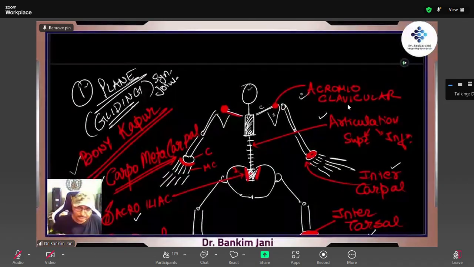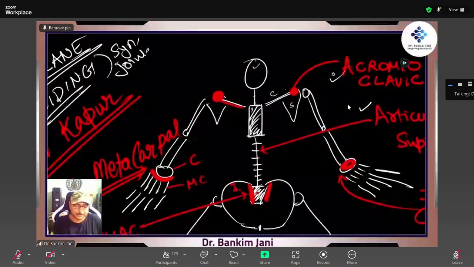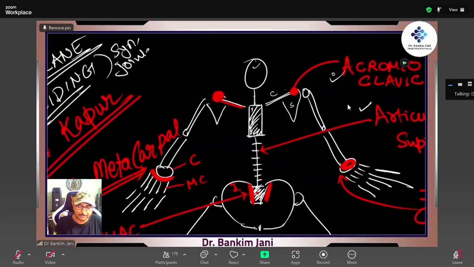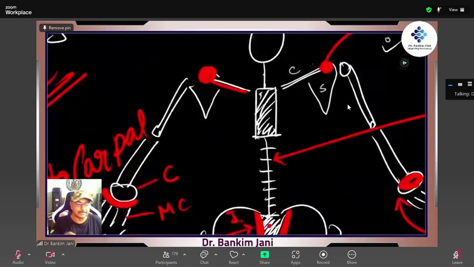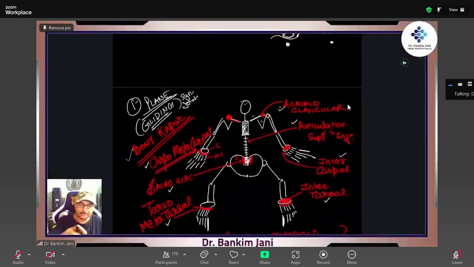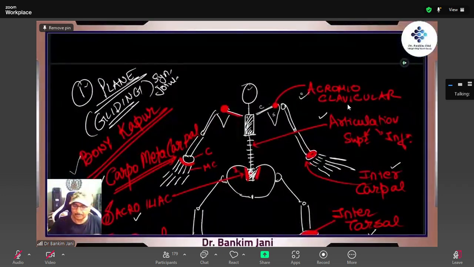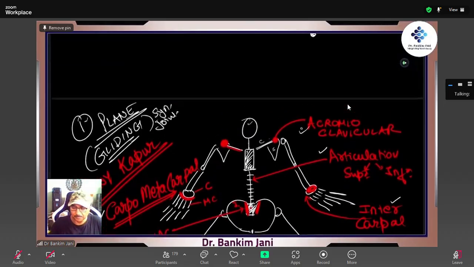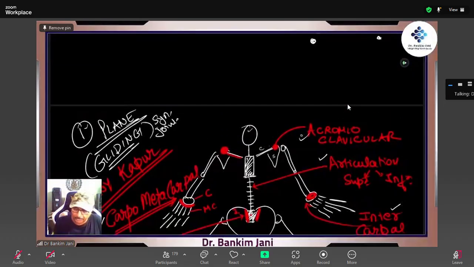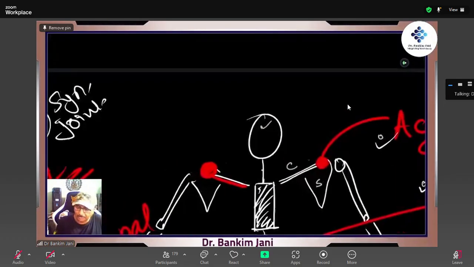Then we have got articulation. These are the vertebrae, and they articulate with each other. So this is articulation. We are talking about the vertebra.